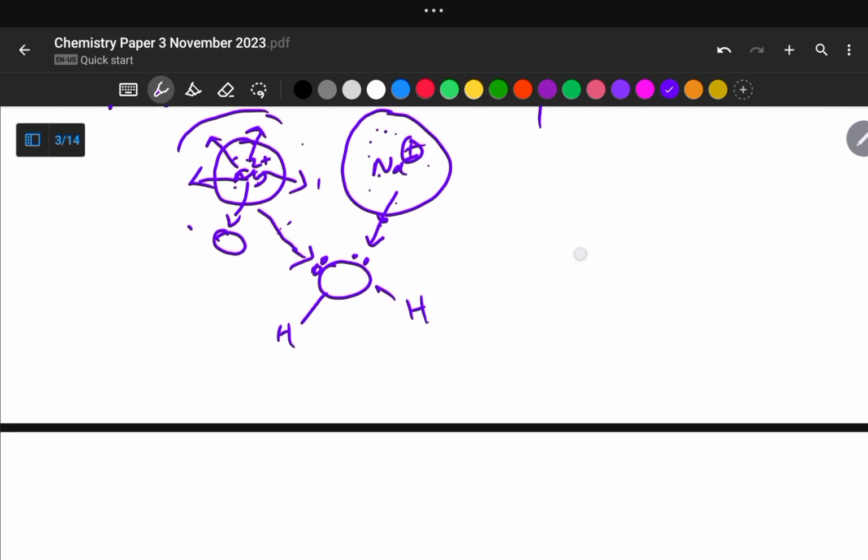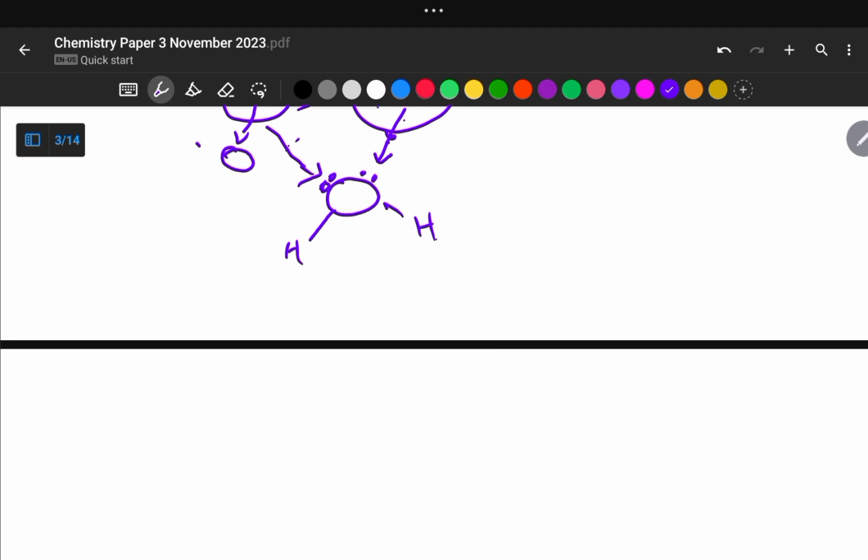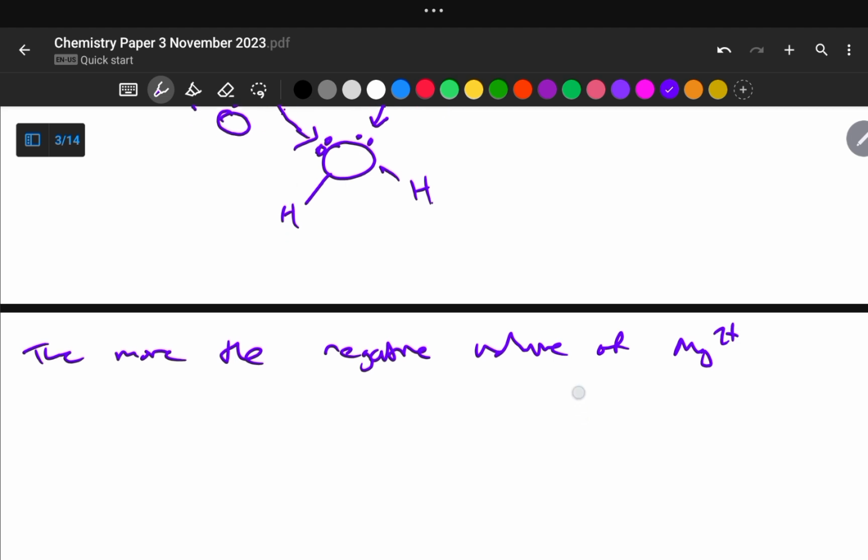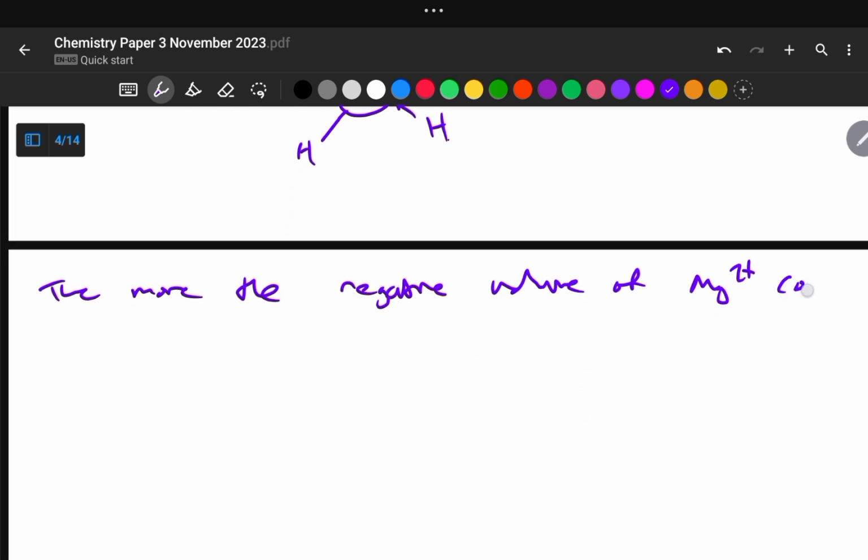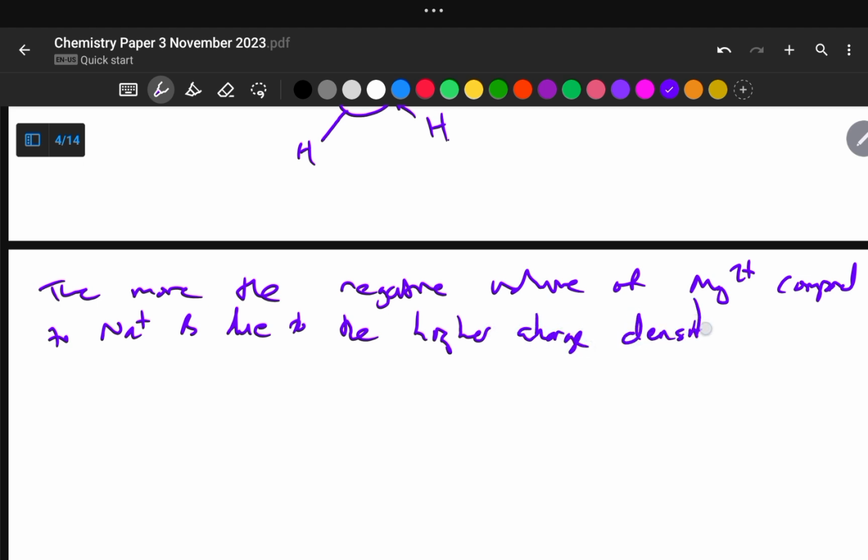So we can explain our answer saying that the more negative value of enthalpy change of hydration of magnesium ion compared to that of sodium is due to the high charge density of magnesium ion.